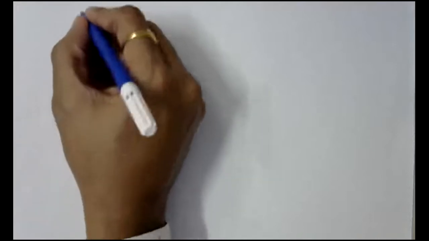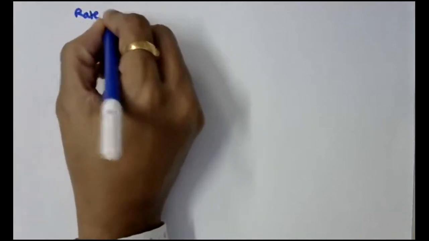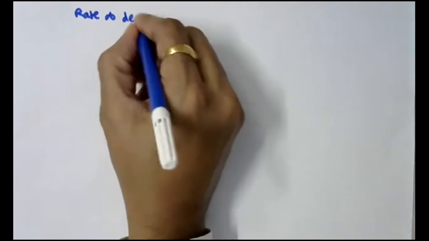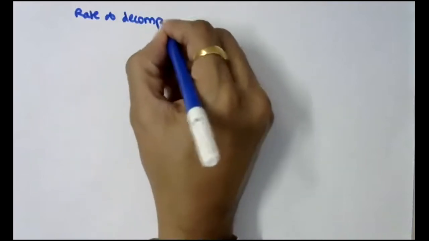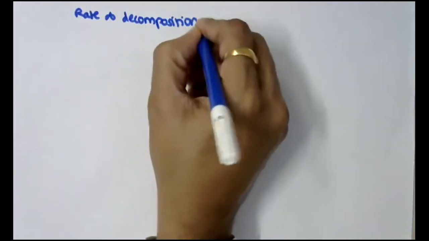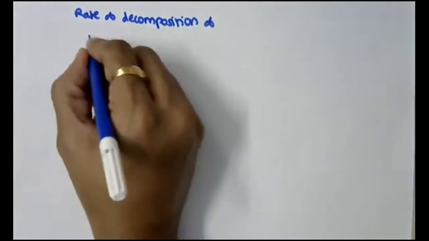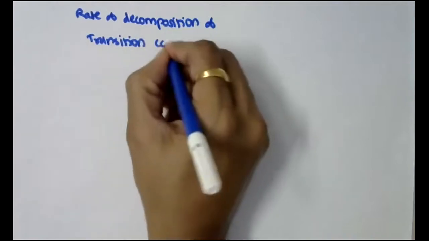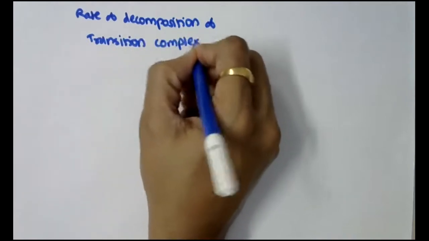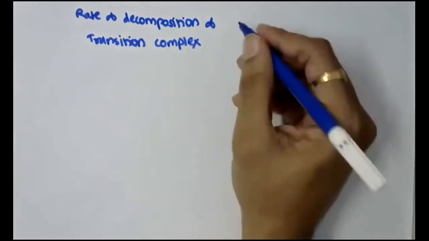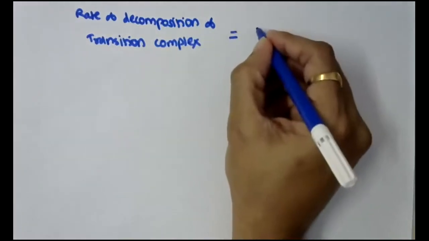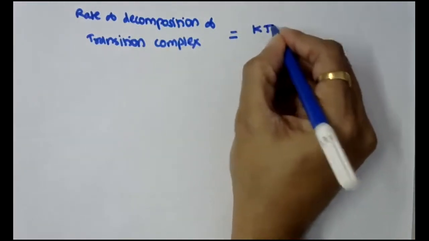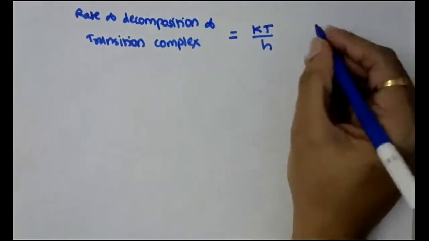We'll rewrite the fourth assumption as: rate of decomposition of transition complex is equal to kT by h.